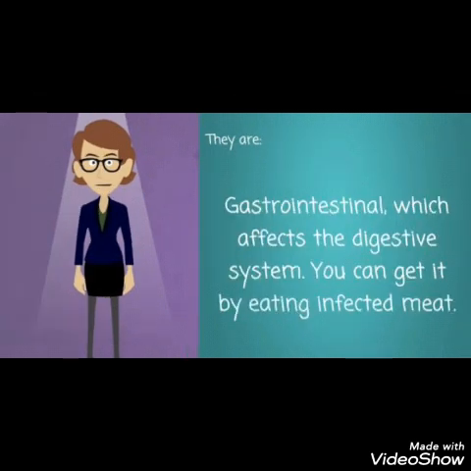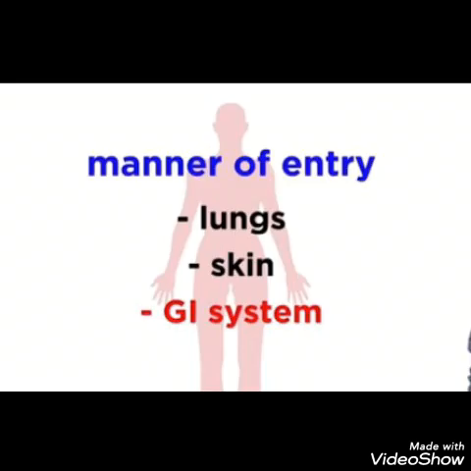The third one is gastrointestinal anthrax, which affects the digestive system, and is caused by eating infected or contaminated meat. If someone consumes old meat or chicken, gastrointestinal anthrax will occur. It is very dangerous and has a high mortality rate compared to the other two. The clinical features depend on the manner of entry.